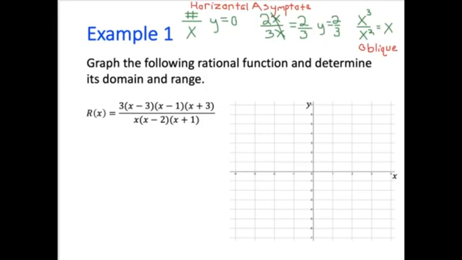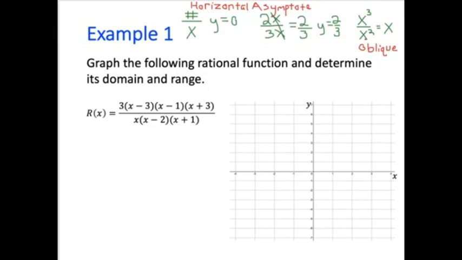Again, what's important here is the numerator can only be 1 power higher than the denominator. So if you have a linear expression on the bottom, then that's real simple. You can just use synthetic division. But if you have something like what we have here with an x squared plus x minus 1 or something like that, you're going to have to use long division for that. But that's how you'll find your oblique or slant asymptote.